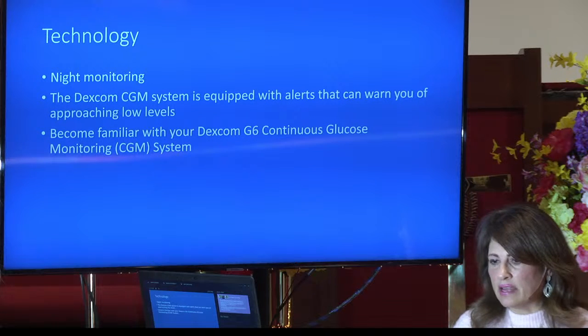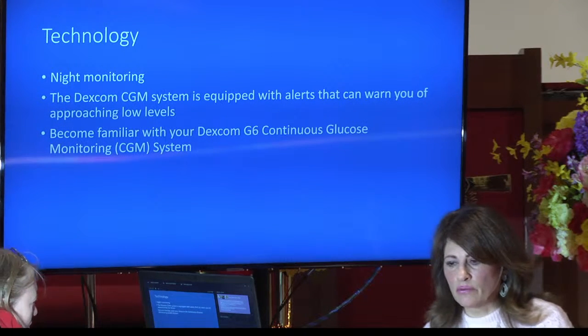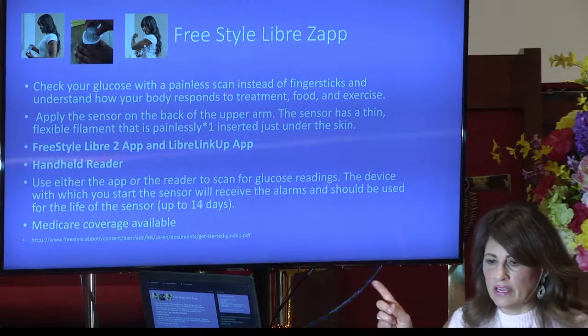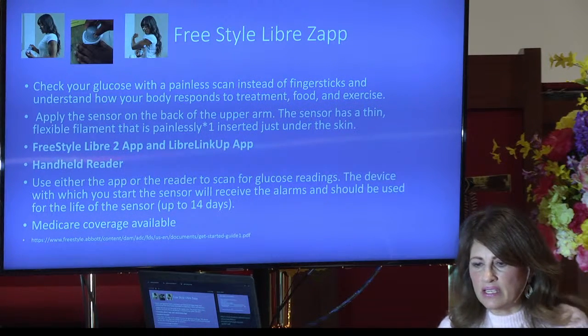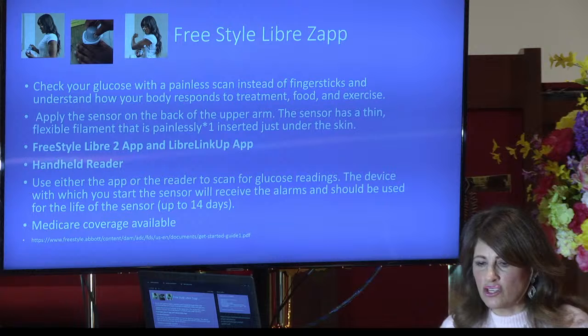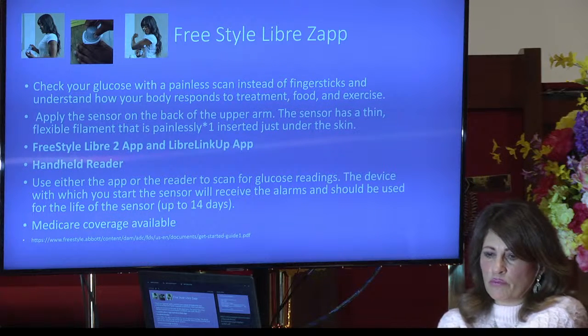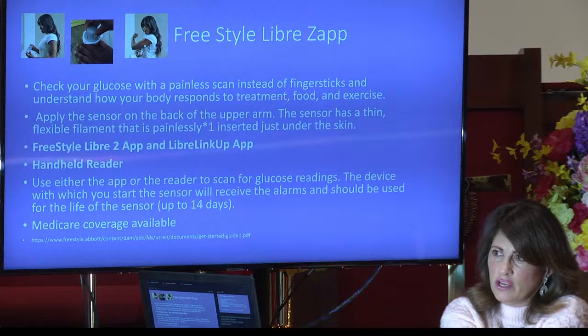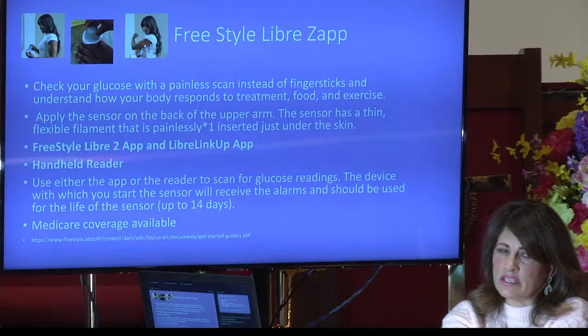I really like this. This is called FreeStyle Libre. If you can see the lady up on the right, she is opening the package. And what it is, they put a little pinprick into your arm, and then you attach a little disc. And for 14 days, all you have to do is scan it.